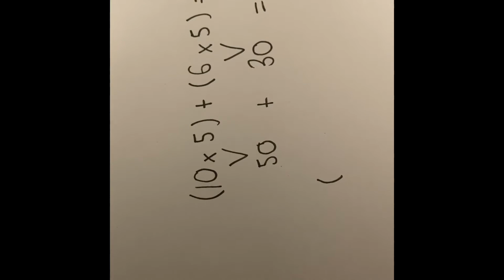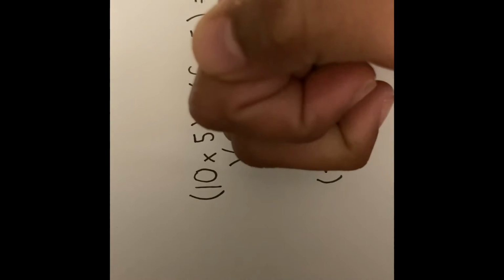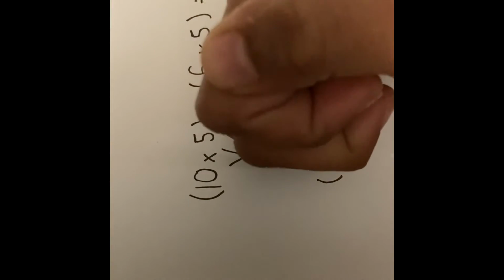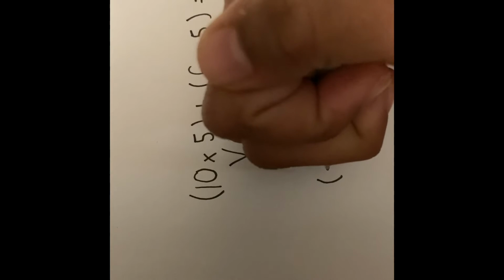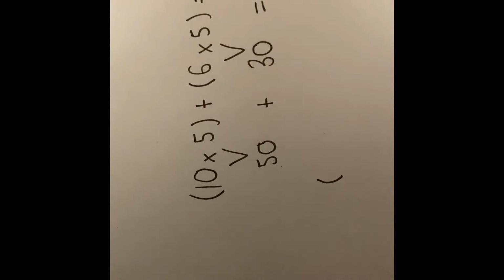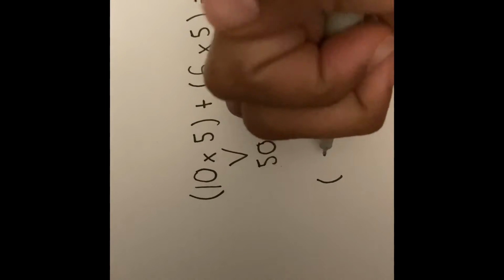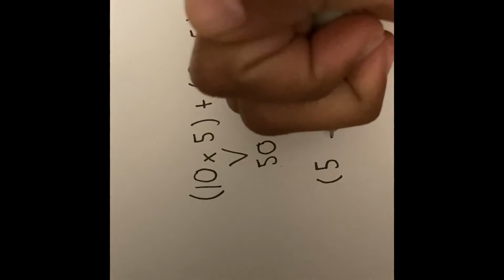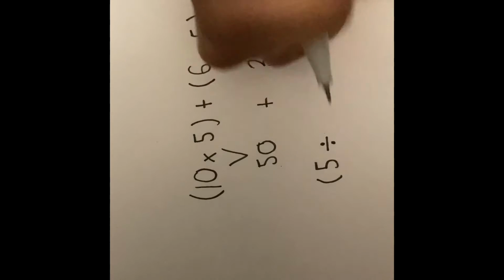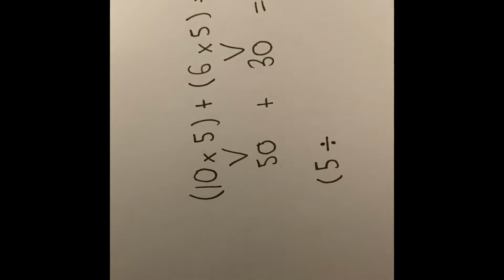Let's do 10 divided by 1. Okay, so the partial product that we're going to use is 5 divided by 1.